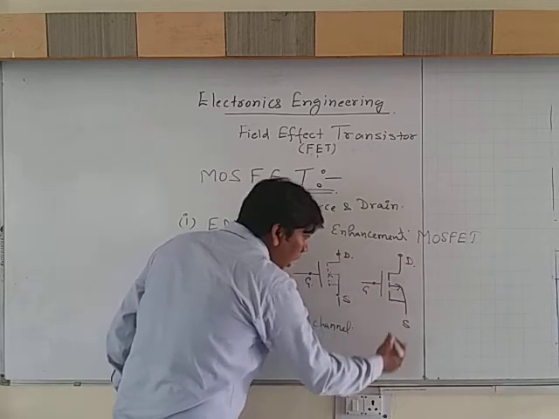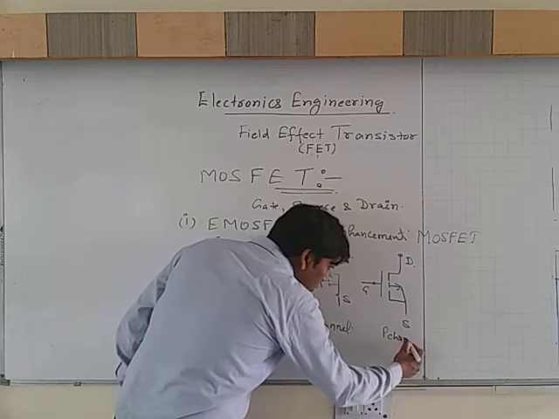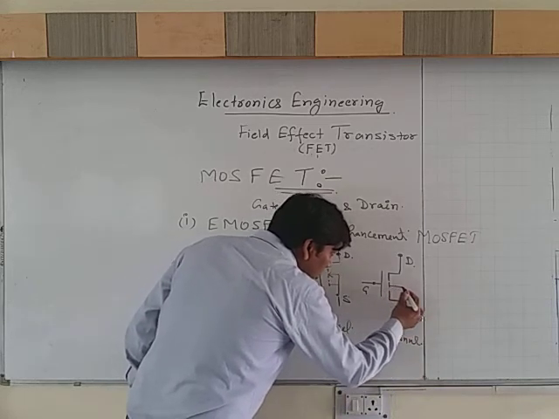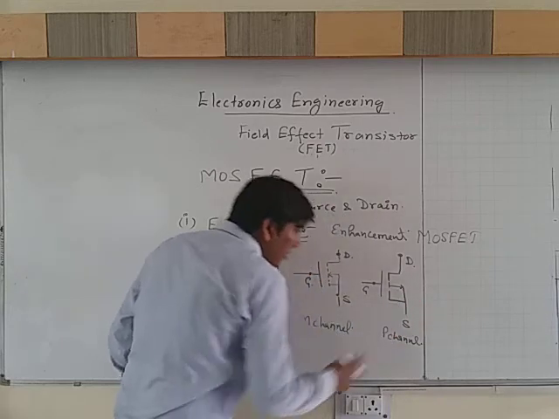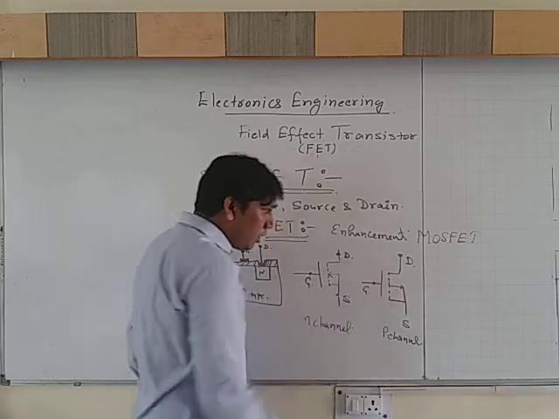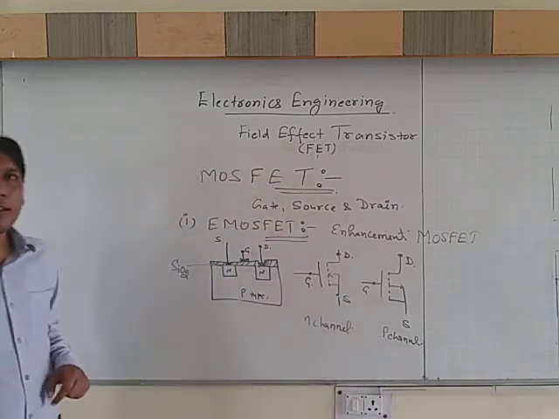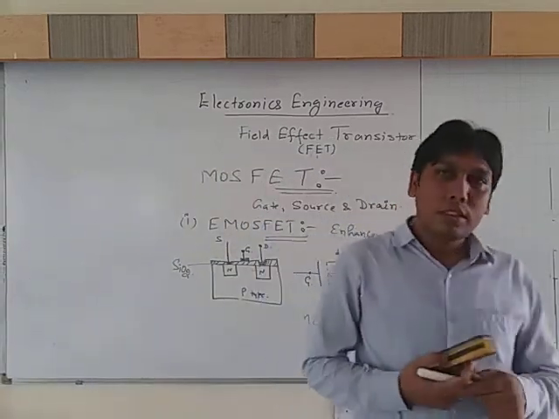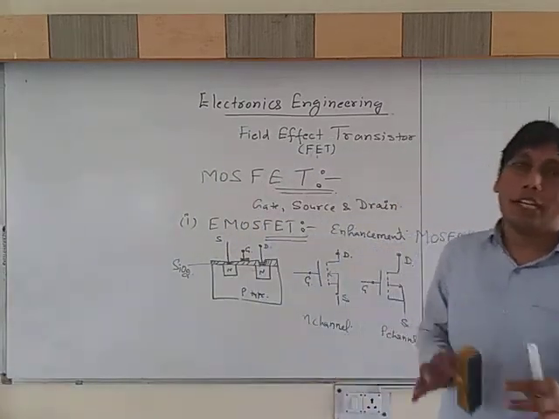If this arrow is outward side, it shows the P channel. This is P channel. This dotted part shows the enhancement type. Clear? Now we will just discuss the next one, that is D MOSFET.